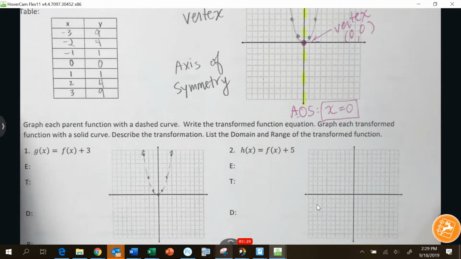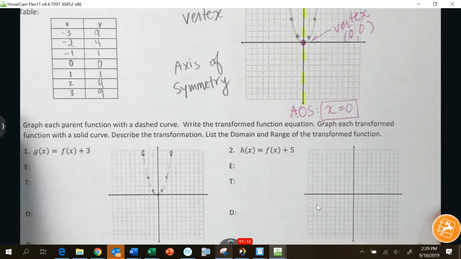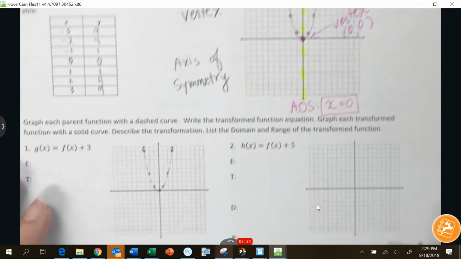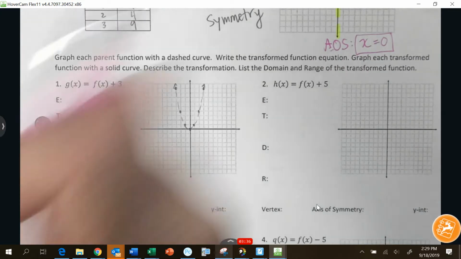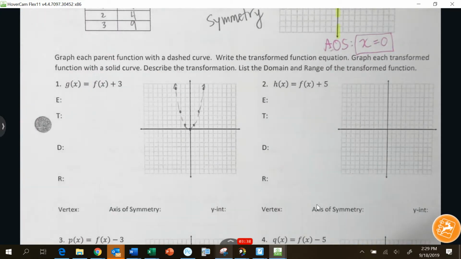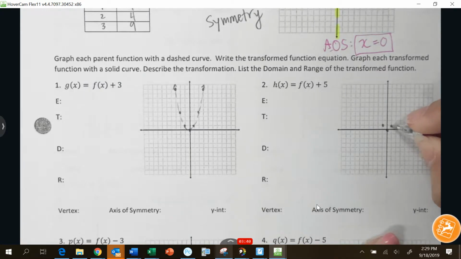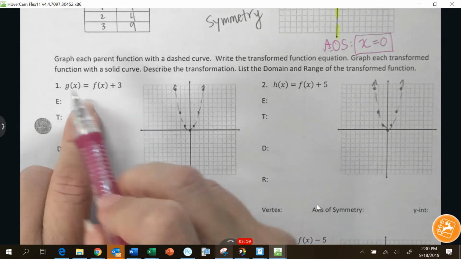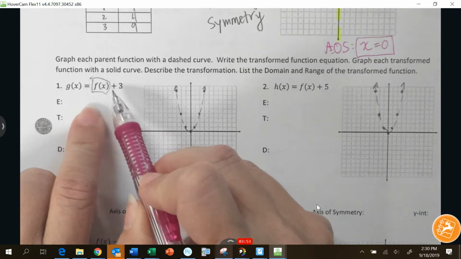So what I'm going to ask us to do for our assignment today is, first of all, you need to copy all of the parent functions. Let me just get this one in here. And then you look right here, and f of x is the parent function.